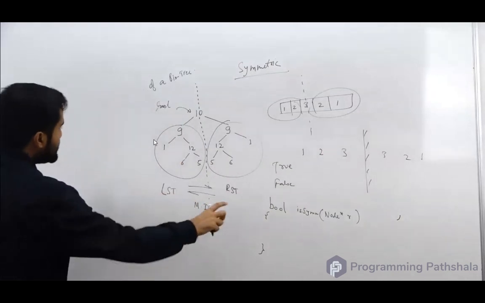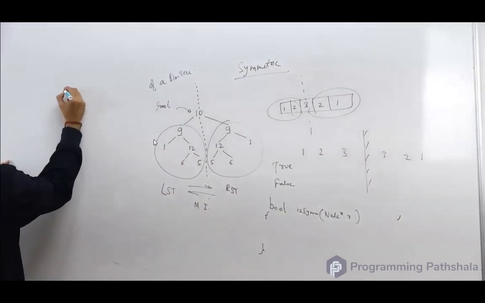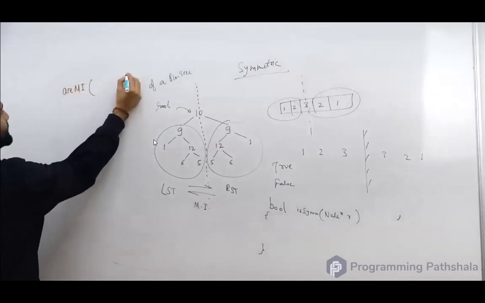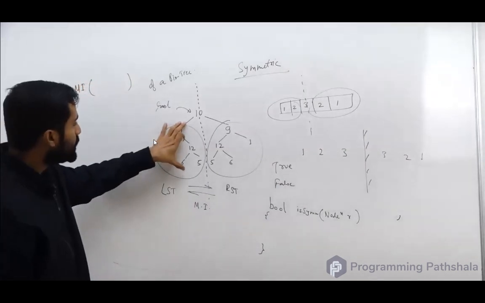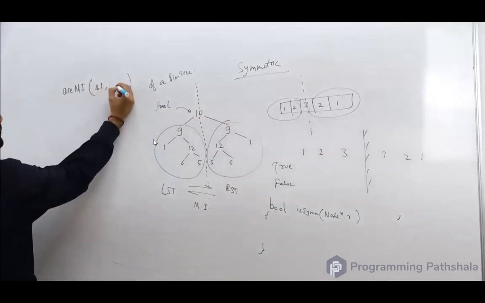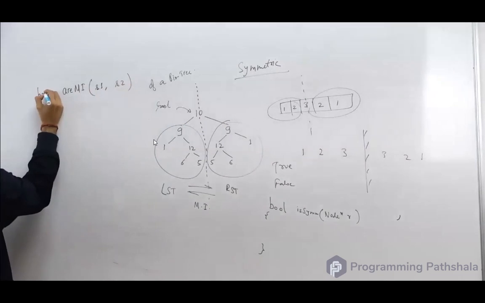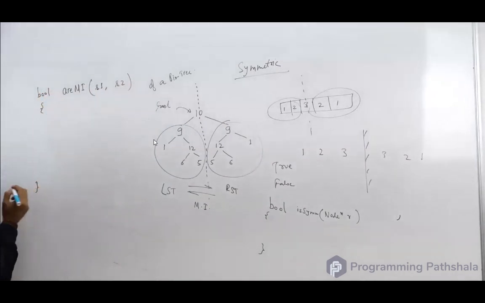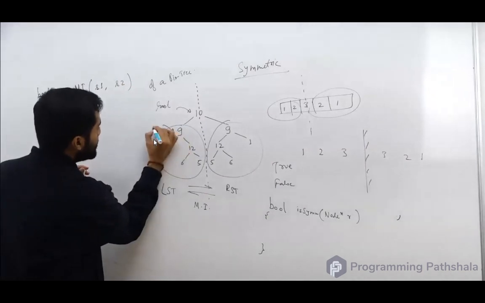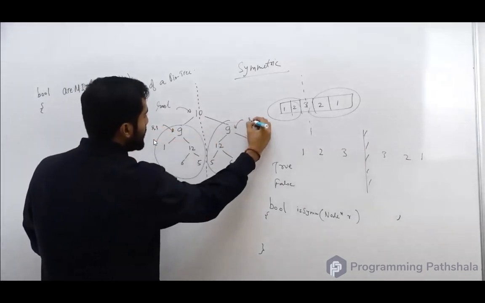So let's say I have a separate function called isMirrorImage, which takes two subtrees. Let's say the root of the first subtree is R1 and the second is R2, and it returns whether the subtrees rooted at R1 and R2 are mirror images or not.